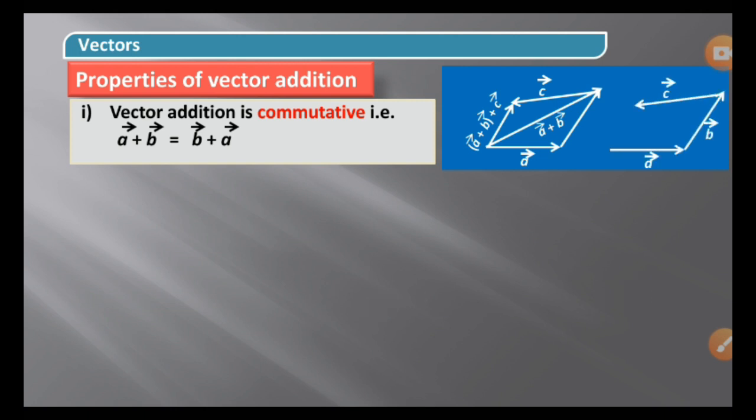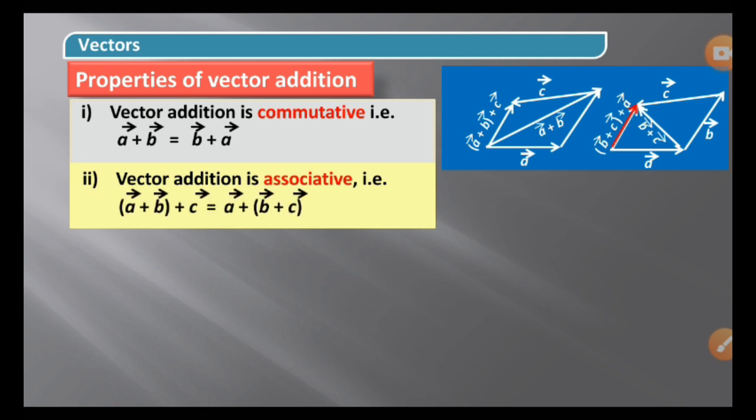Once again, considering a, b, c vectors in the same direction, the resultant of b and c vectors will be b plus c, in addition with the vector a, so the resultant will be b plus c plus a. Students, observe that the resultant a plus b plus c is exactly equal to b plus c plus a. So the next property is that vector addition is associative, that is, a plus b plus c is exactly equal to a plus b plus c.